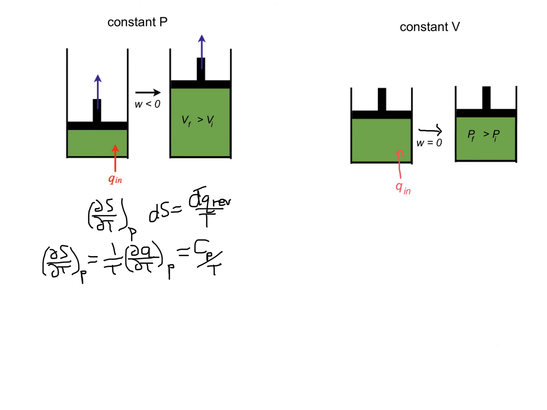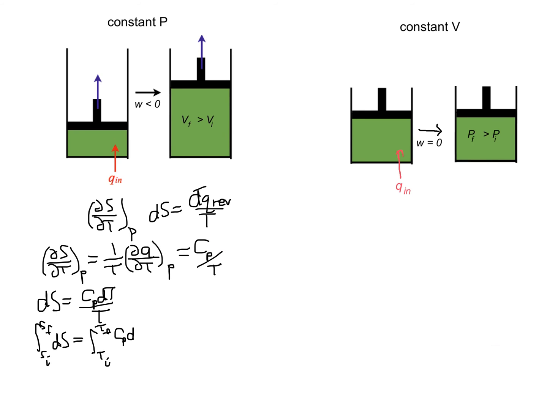Now that I have an expression for my partial derivative that is in terms of measurable quantities, I simply need to separate variables: dS equals C_P dT over T, and then integrate. So I'm going to integrate from my initial state to my final state. In my initial state, my temperature is T initial. In my final state, my temperature is T final.